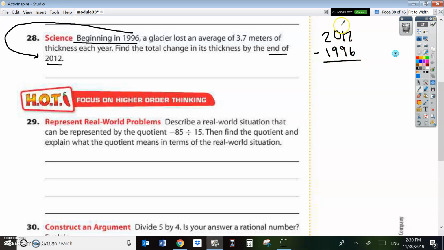It's going to be 16 years from here to here, but remember it's beginning in 1996, so you have to count 1996 as 1.